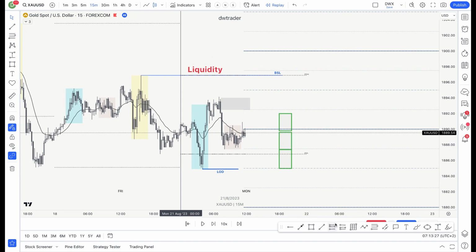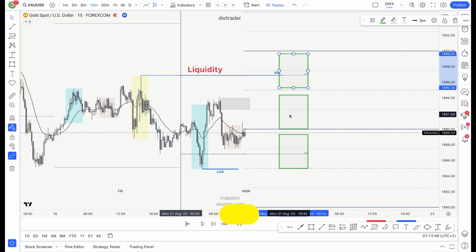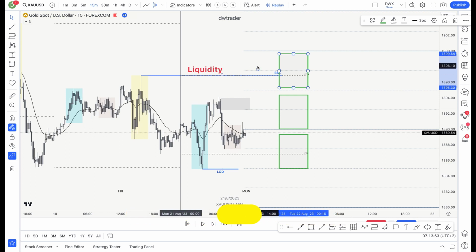Now if we look at 50 pip boxes, let's make this a little bigger: 50 pips, another 50 pips, and another 50 pips. Potentially we could see price from this low make 3 levels of rise, 50, 100, 150 pips. Price could trade up into this area, and then we could look for a short.